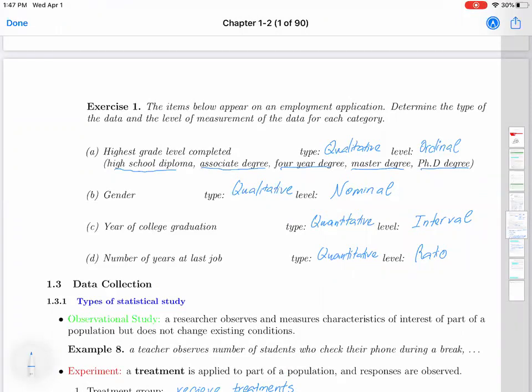They're just names or labels. That means the type of this data should be qualitative. And the level of this data should be ordinal, because these categories can be ranked from lowest to highest.